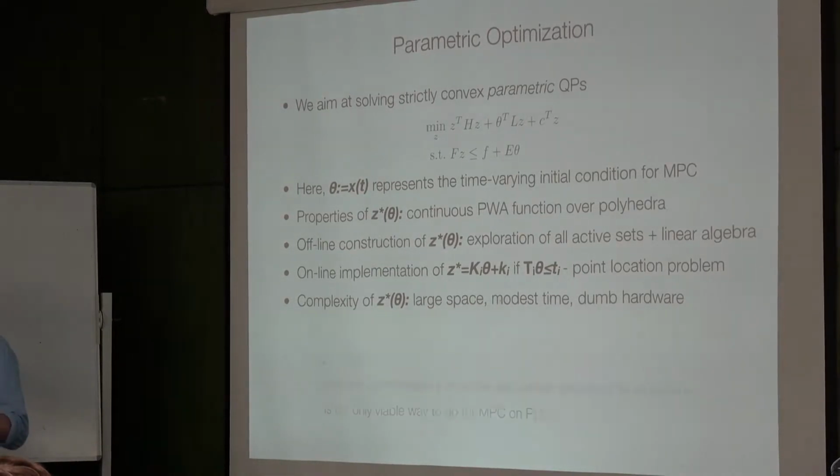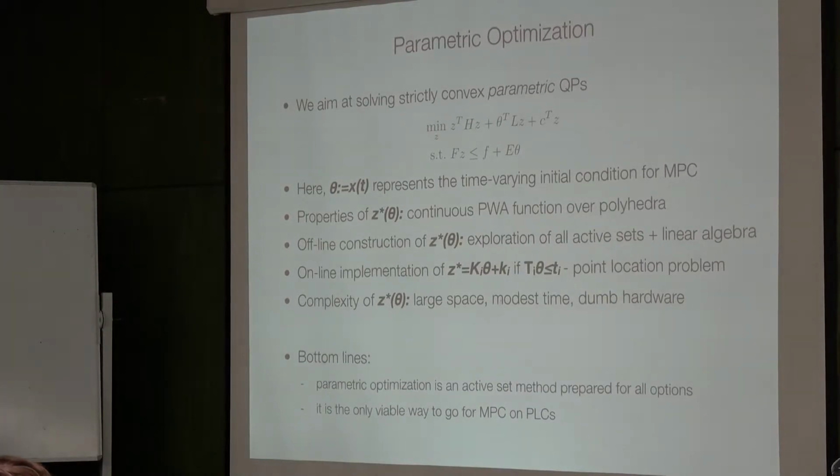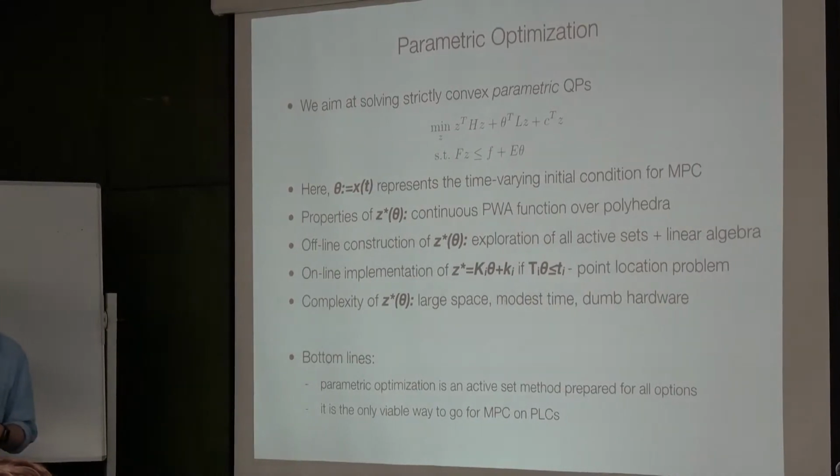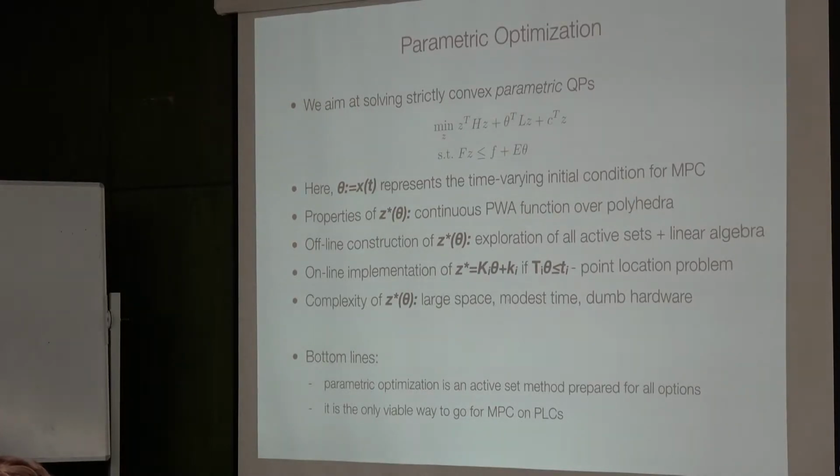So what I just want you to take away from the offline optimization direction is that parametric optimization is an active set method, but it's prepared for all options, for all possible realizations of the right-hand side. So whichever advances people ever make to the active set method, like improving performance and so on, can be applied to this parametric optimization as well.